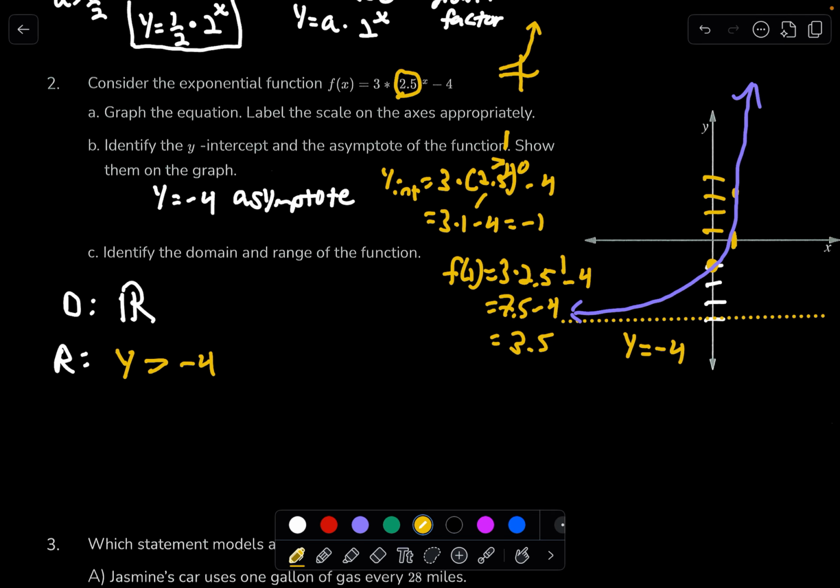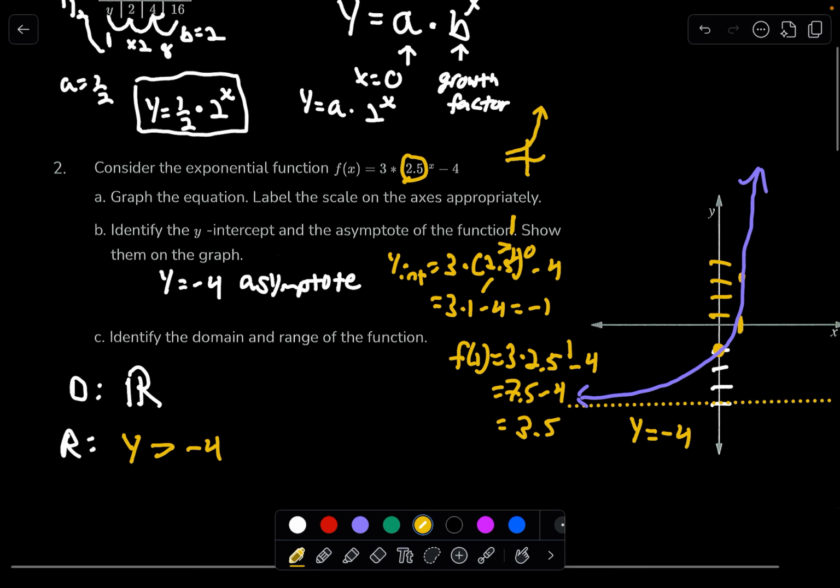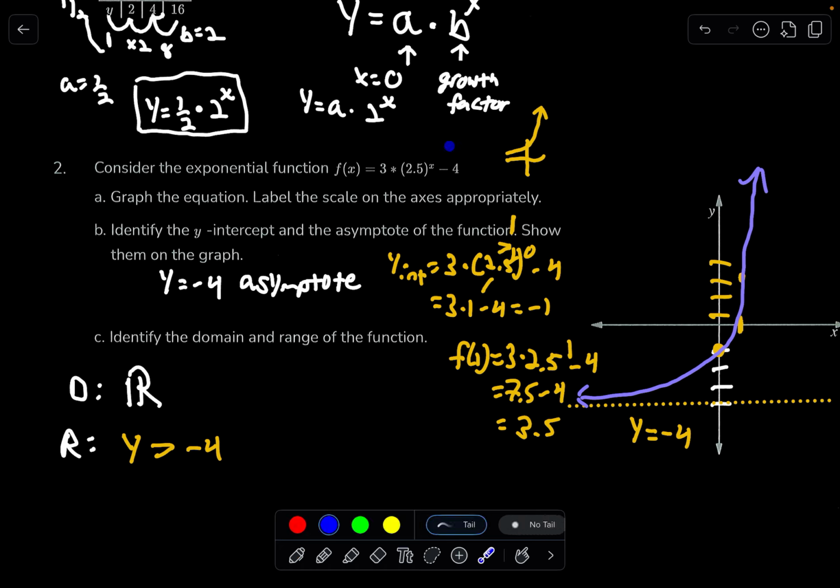And there you go. The asymptote's pretty easy, because if there's a number being added or subtracted on the back end of the exponential, that's the asymptote.